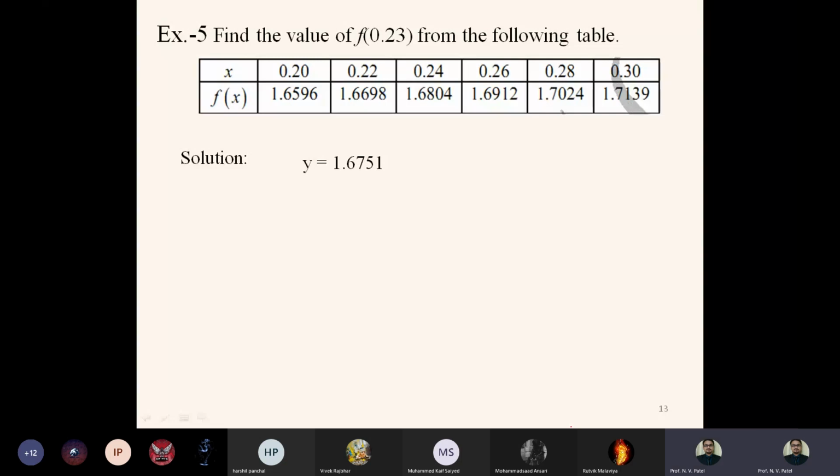You can construct your interpolation polynomial and apply Newton's forward, because 0.23 lies at the start of our table. So we can apply that formula. Okay, so this is the way to solve the first part of our practical, that is Newton's forward interpolation.